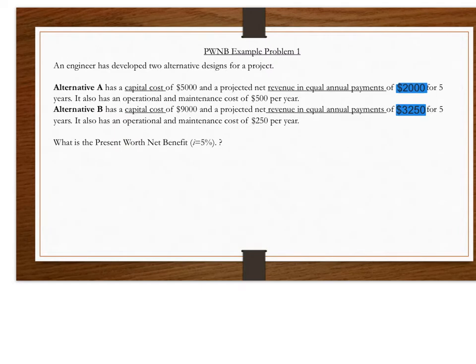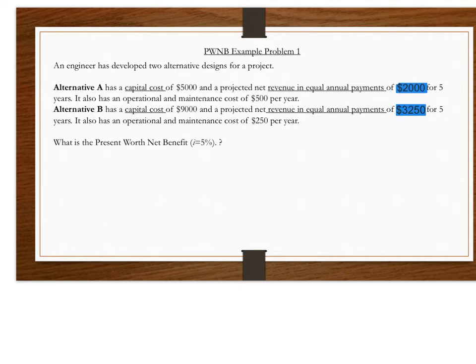So let's look at an example. In this problem, we are looking at two alternatives. Alternative A has a capital cost of $5,000 and a projected net revenue in equal annual payments of $2,000 for 5 years. It also has an operational and maintenance cost of $500 per year.